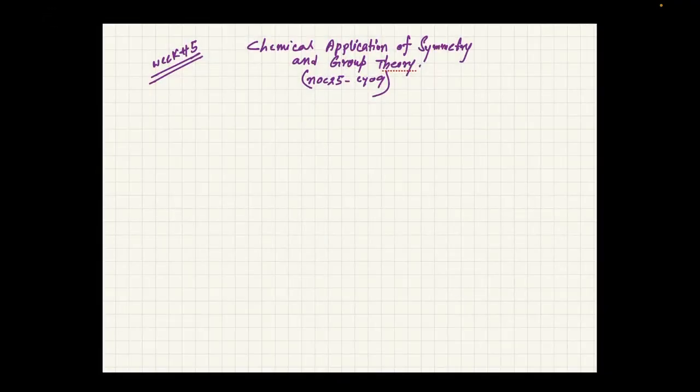Okay, so last week we learned how to represent or write down the character table of a particular point group, what the different features are, and we also learned about the irreducible and the reducible representation. How do we reduce a reducible representation to get an irreducible form?